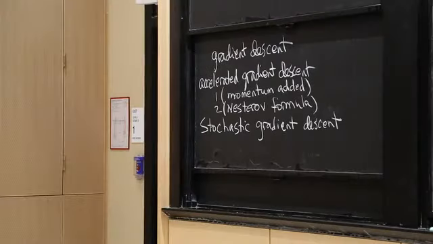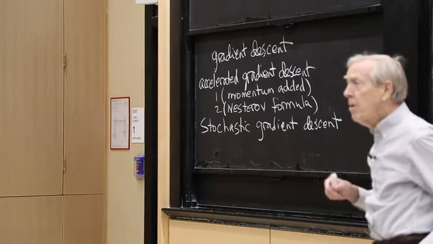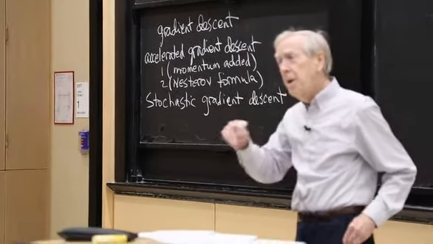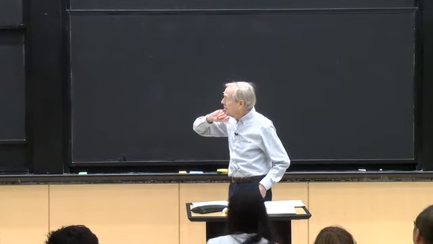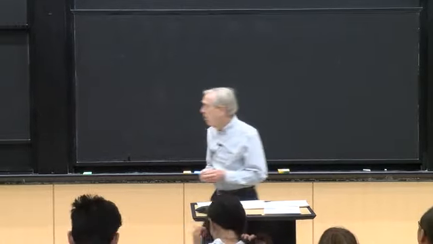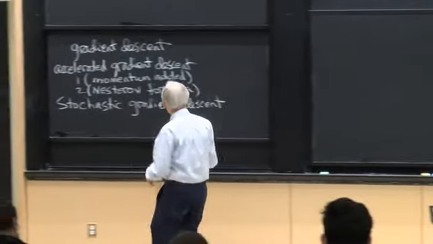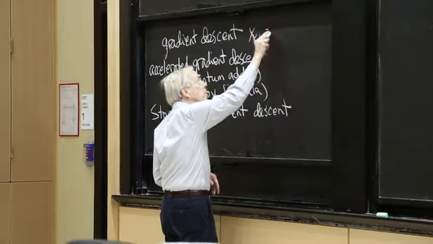Well, okay, so I promised, and now I'm going to do it, to talk about gradient descent and its descendants. From the basic gradient descent formula, which we all know, let me just write that down. The new point is the old point.